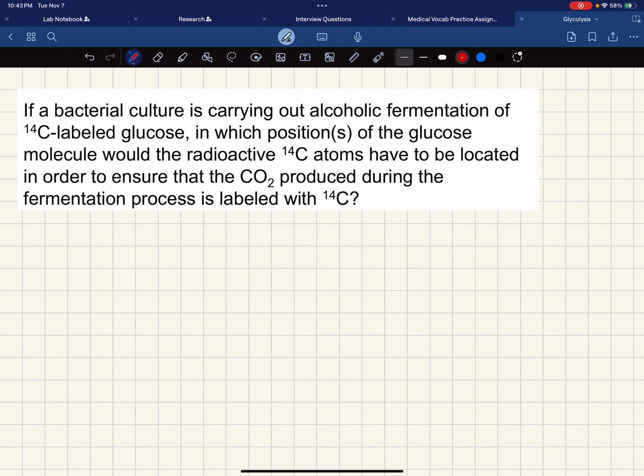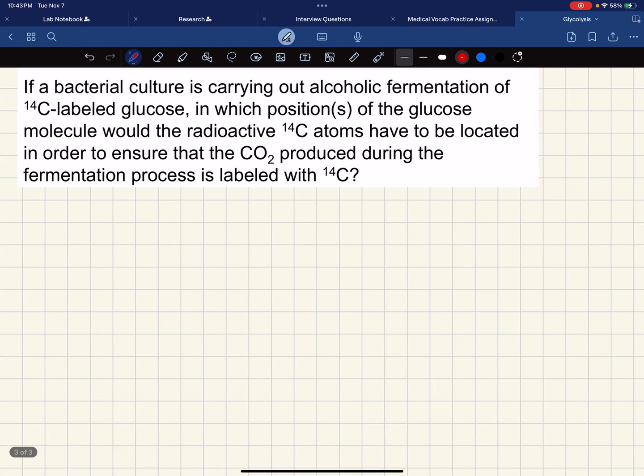So the way that I want to think about this is that glycolysis is going to give me 2 of these pyruvate molecules, right? So pyruvate looks like this. This part is going to go away as CO2. That's what gets released.